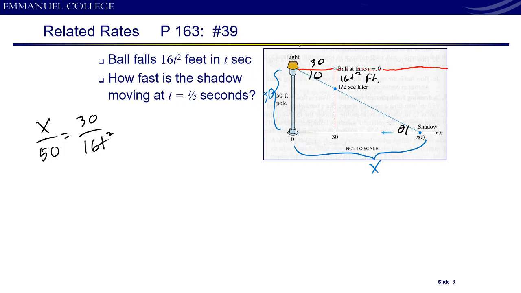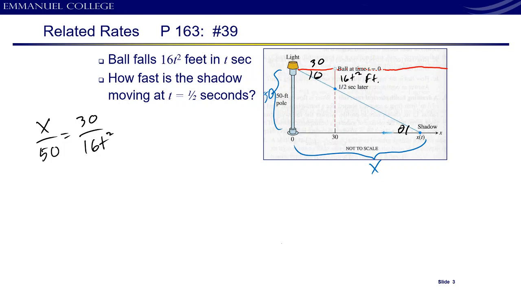You would still get the same thing. I just decided, because I know I'm going to want x in the numerator eventually, it would probably be better to keep x out of the denominator. So you could have done 50 over x is equal to 16t squared over 30, but that doesn't really help you in the long run.